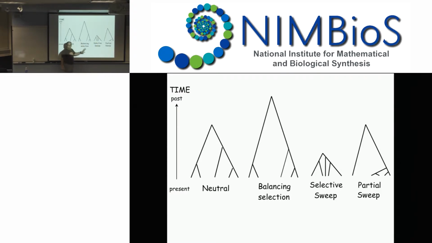So this pattern, when we talk about sweeps, the length of that pattern depends upon the trade-off between selection and recombination. Think about time: the longer the time, the more recombination. If I've got a site and it sweeps through very quickly, selection is strong, it's going to influence a large region because there's not time for recombination to break it up. If I've got a weak site that moves through slowly, there's lots of time to break it up, and it's only in a small region about that site that I get a signal.